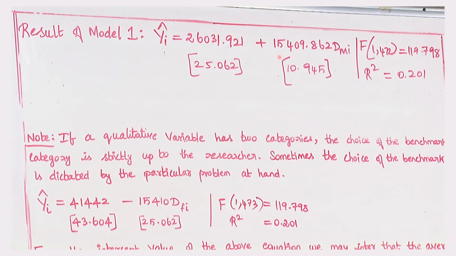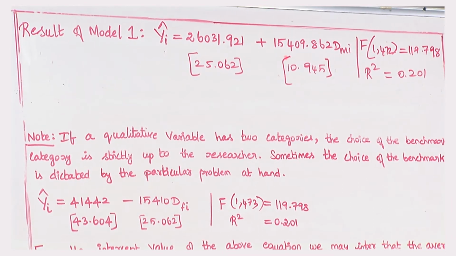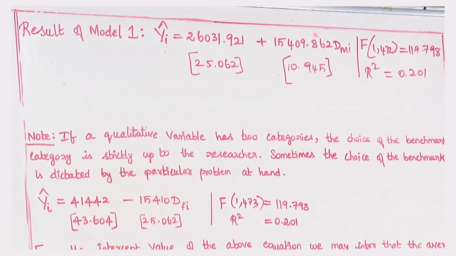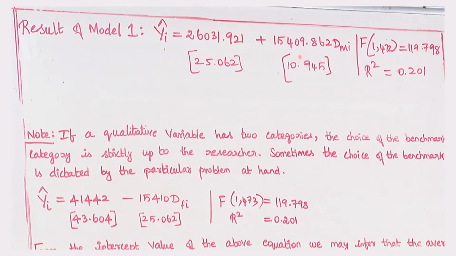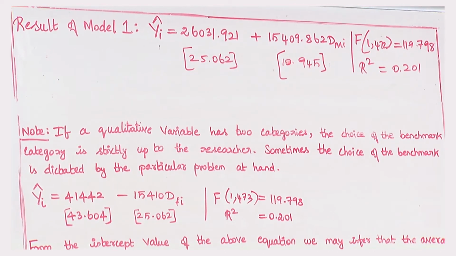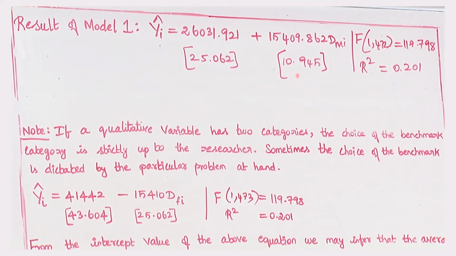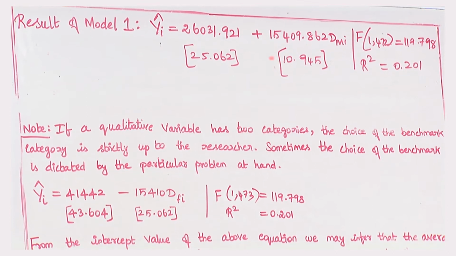This DMi's coefficient is 15,410, rounded off, which is the difference between the average salary of the reference category and the base category. So, this is the difference.